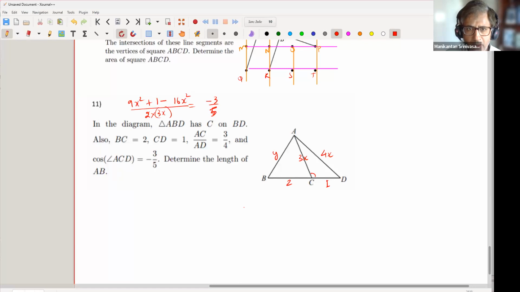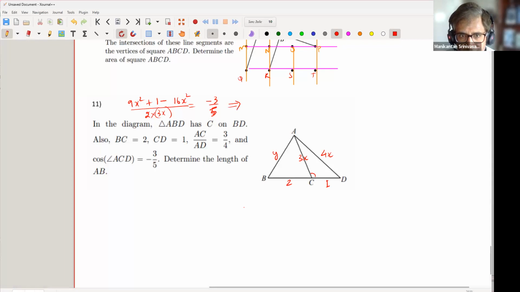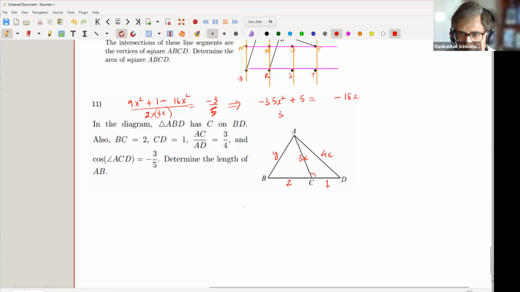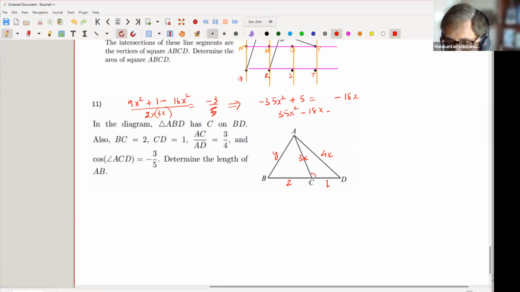Everything is in x, so we can solve this quickly. This is -7x squared plus 1, so when I multiply, I get -35x squared plus 5 equal to -18x. Getting everything to one side: 35x squared minus 18x minus 5 equal to 0.